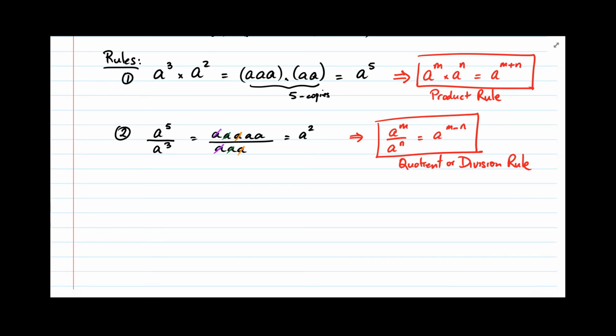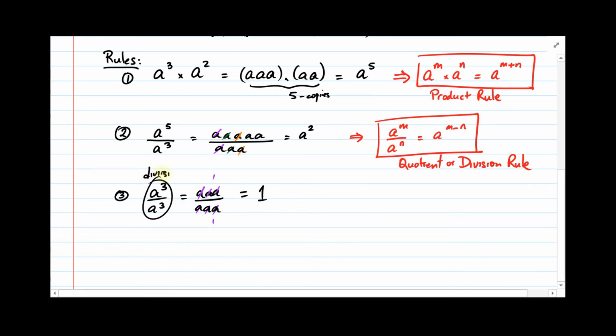So far so good, I believe. All right, let's look back at some other things. Suppose I had a cubed over itself. In one way, if we wrote it out the long way, you'd have 3 copies of a, and they would have cancelled down. We'd end up with 1. However, this is nothing more than a division.